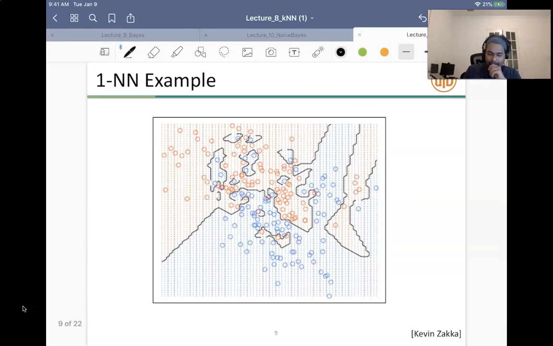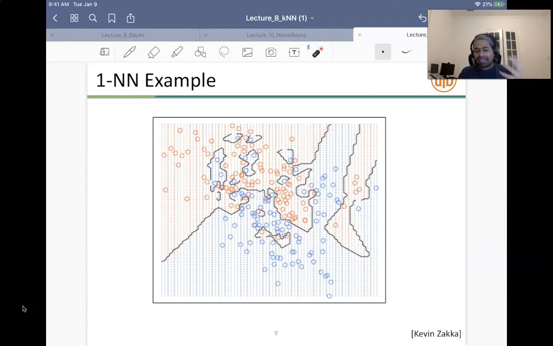So what happens if I do one nearest neighbor classification? This is exactly what we get. The way this is drawn, I have all of these dots that you see over here, which are hypothetical test points, and I'm taking these because I want to be able to draw this decision boundary. We can see first of all that one nearest neighbor can learn really complicated decision boundaries.